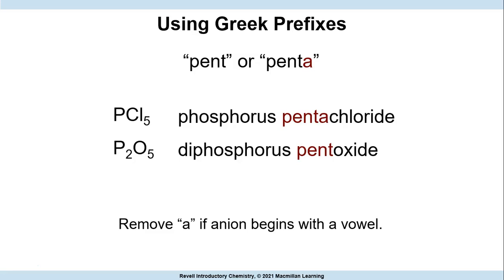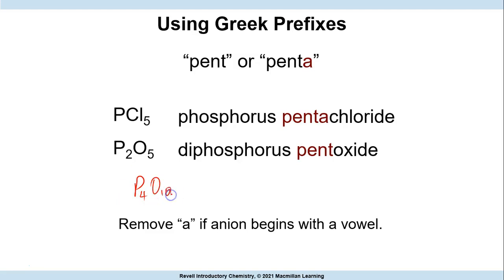But when you are naming a compound that has a vowel, like for example, oxide, it's going to be just oxide. You remove the A on the penta, or even if it is tetra, or even if it is deca. For example, we saw P4O10.